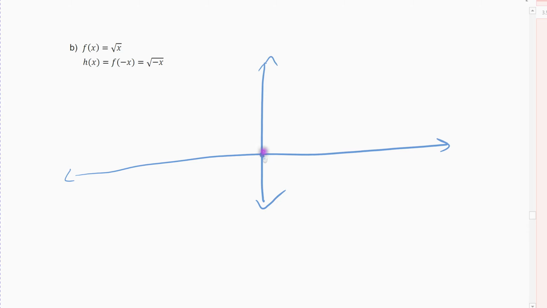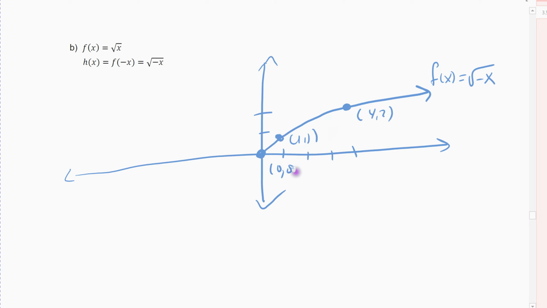So the original function, the 3 key points I'm going to use are 1, 1, 0, 0, and 4, 2. Those are the key points I'm using in my graph. So there's my original f of x, and so 4, 2, 1, 1, and 0, 0 were my original points.